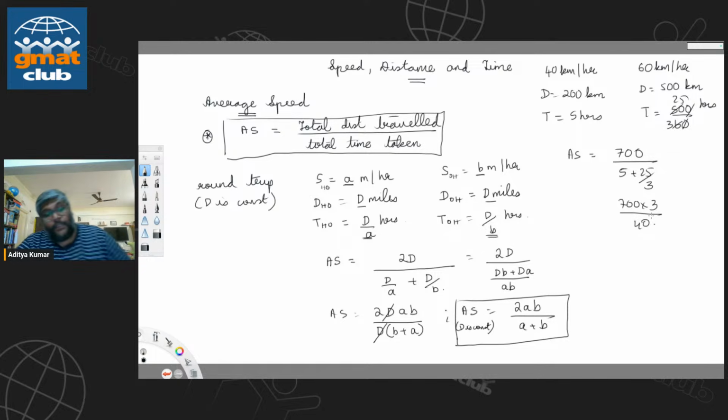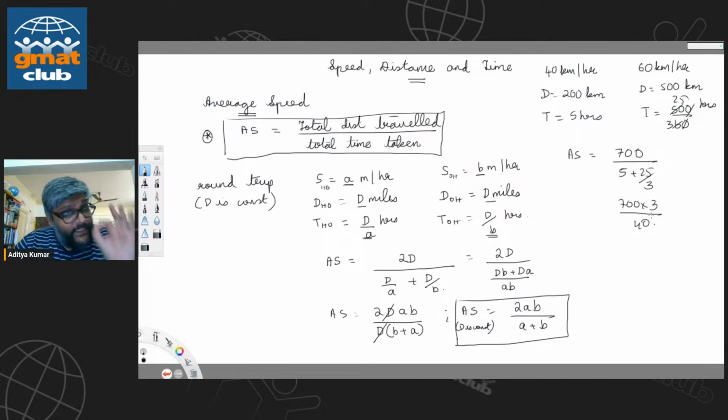Right? So remember, what is average speed? Average speed represents the speed of the entire journey. Ideally, in a real life scenario, you're going to travel small distances at different speeds, right? What does average speed do for you? It gives you an overall value that represents a speed for the entire journey, right?